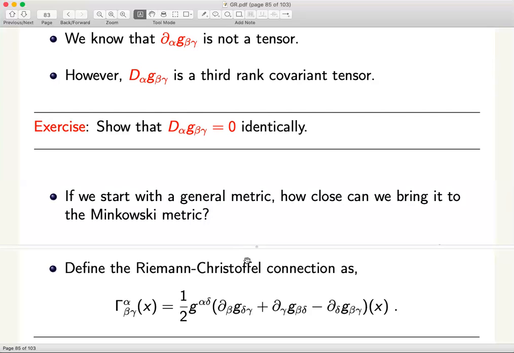So the covariant derivative then tells that the ordinary partial derivative of g is 0, right? That just tells you that locally you can make the metric constant. We will do that soon.